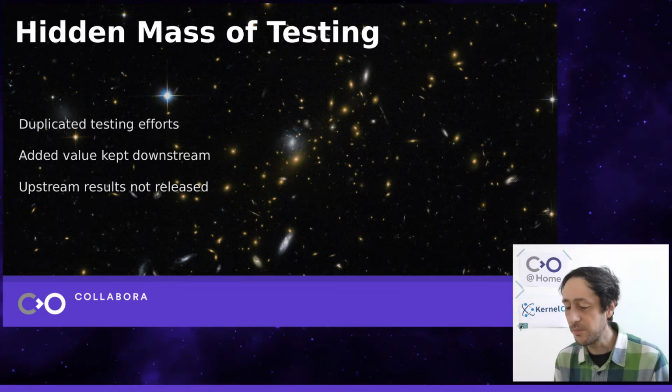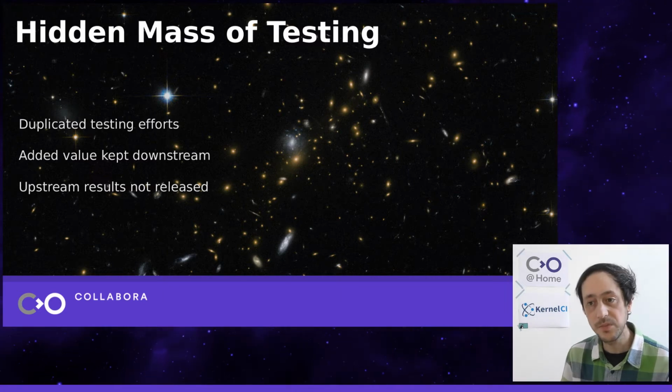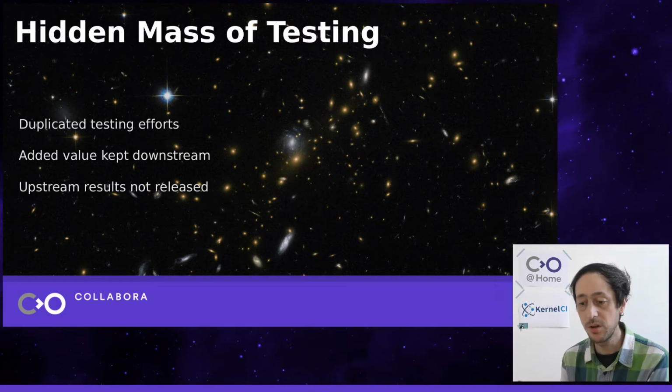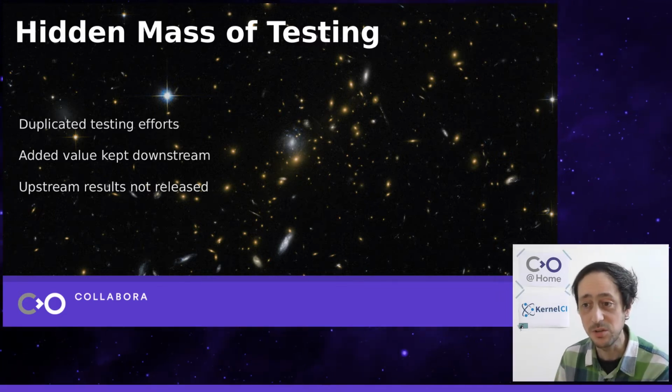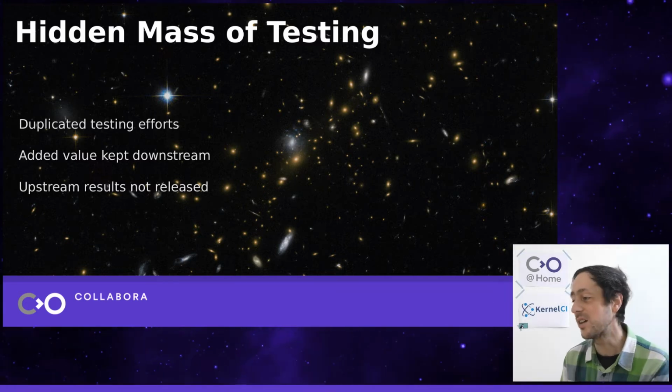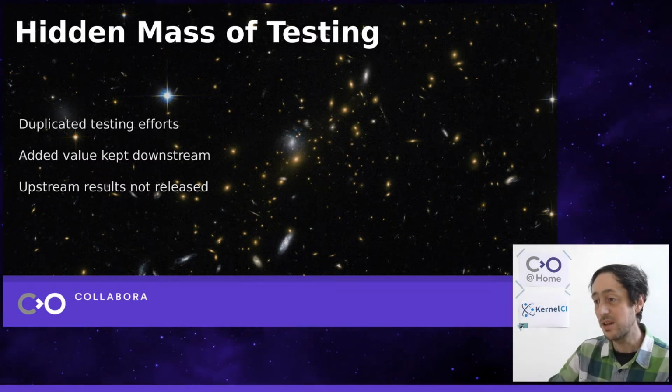However, there's also some testing that's done typically with these products, and the results are usually kept within the organization that's been doing the products. So that's what I call the hidden mass of testing. It's like downstream testing that's added value.